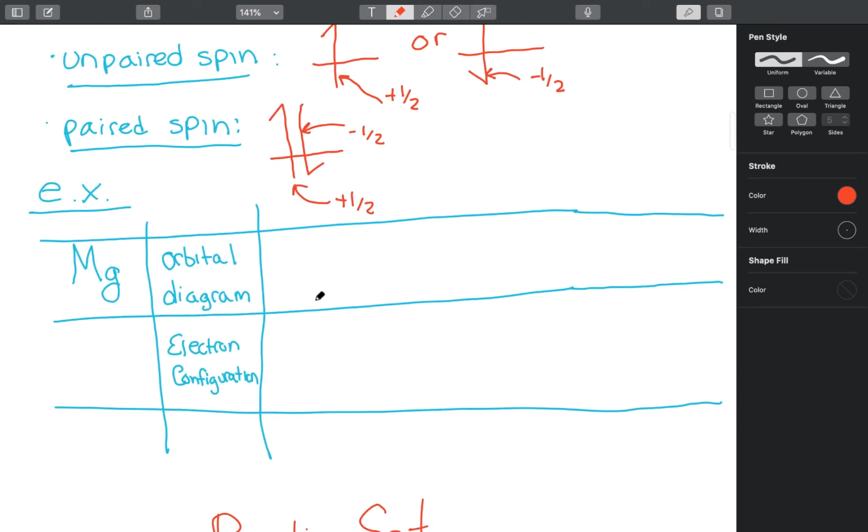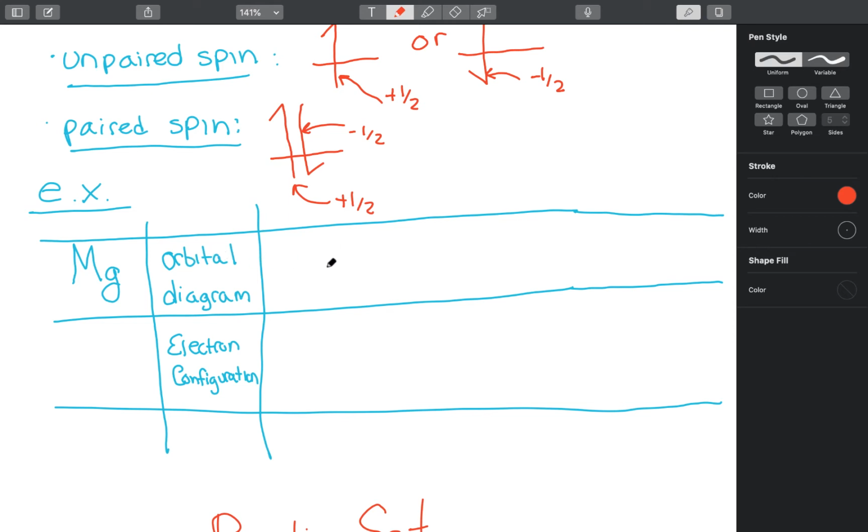Just to give you an idea of how to use this rule in an orbital diagram, we can do the electron orbital diagram for magnesium. Magnesium has 12 electrons. So let's use the two rules that we just talked about to fill an orbital diagram.